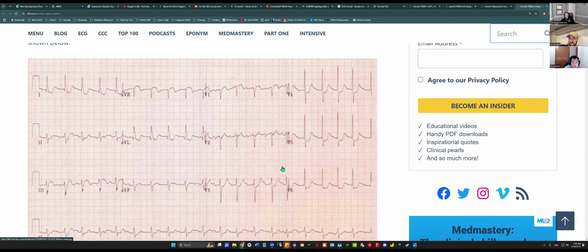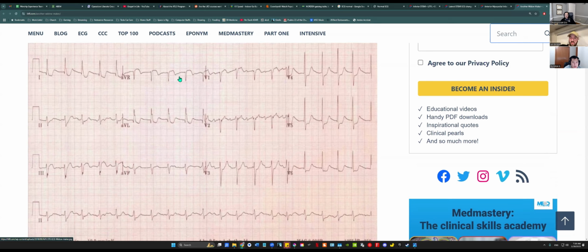So Ian, do you see the elevation here? If this is the baseline, do you see how there is a depression here, and here, and here? This is starting to depress as well.